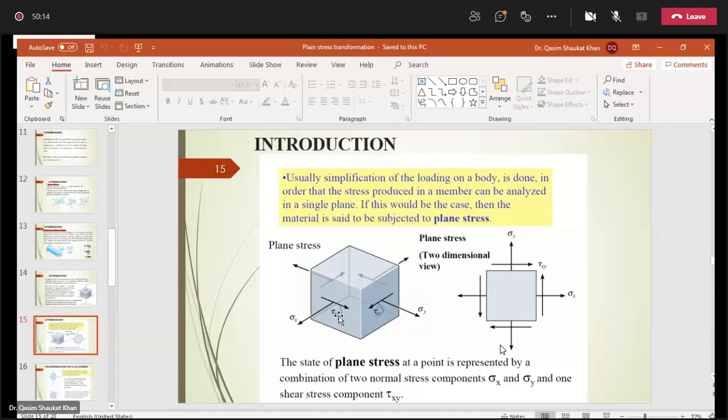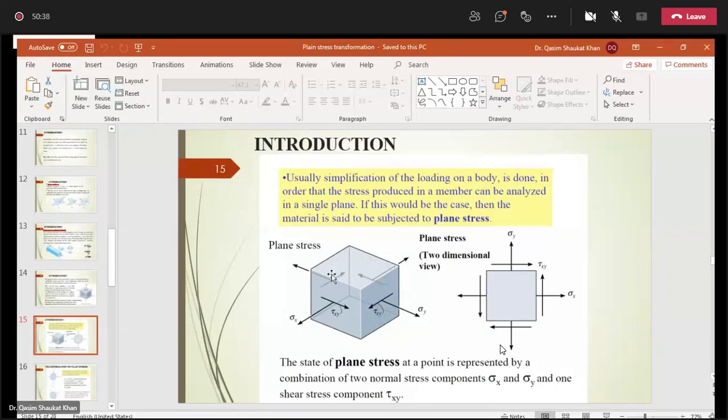Any question? No question. So it means in the biaxial state of stress, or plane stress, we have three unknowns: sigma x, sigma y, and tau xy.